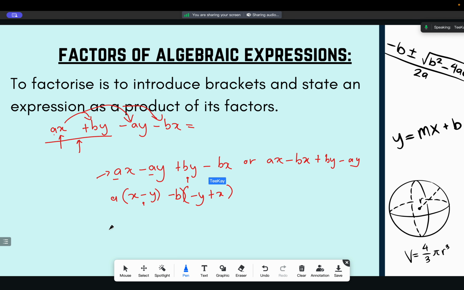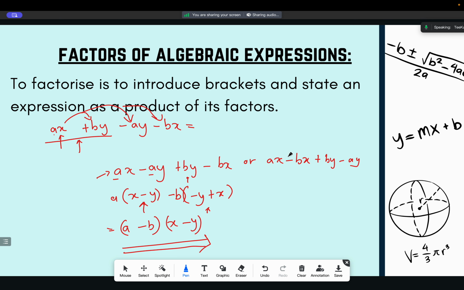And now if you look, this and this are the same, even though they are not arranged the same, because x minus y and minus y plus x are the same. So now we say a minus b and x minus y. And now it's factorized.